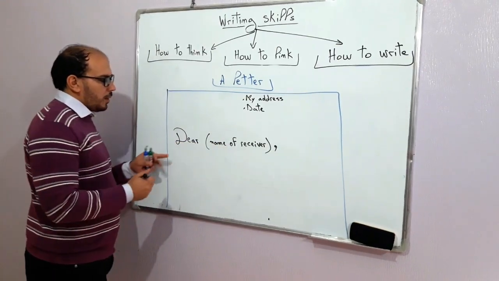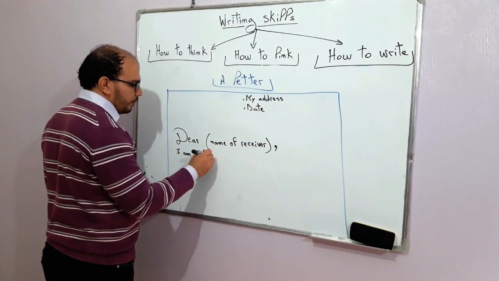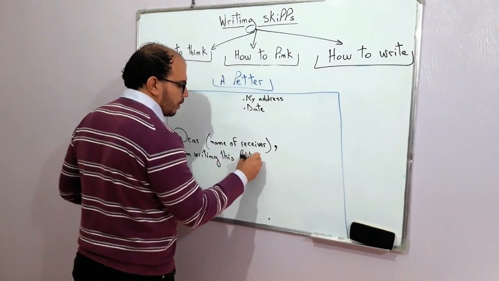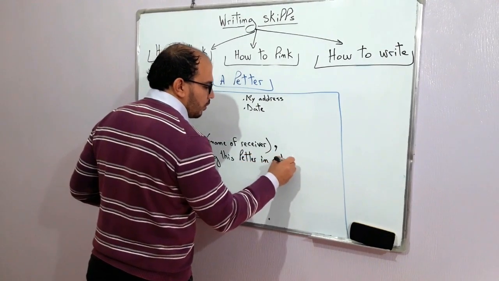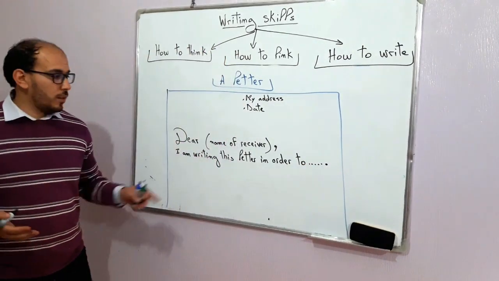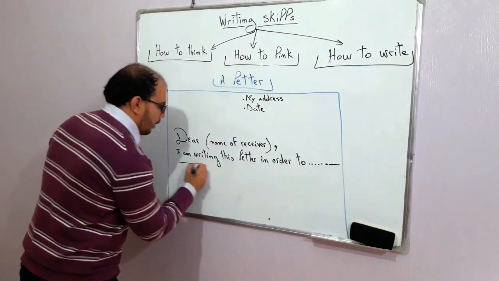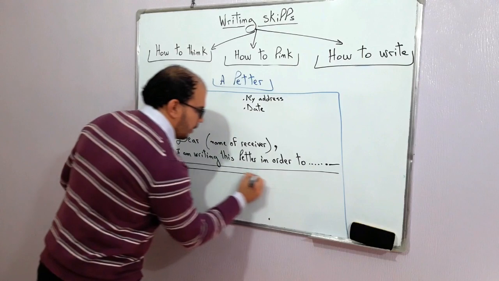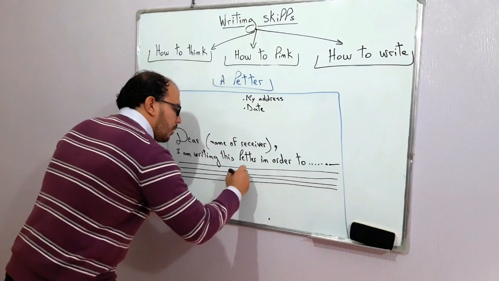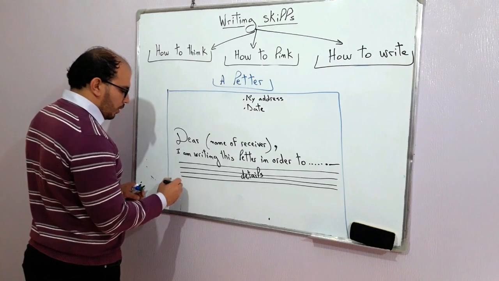After this, I have to introduce the topic. So I say I am writing this letter in order to, and I say what is the topic that I am writing for. So I write the topic, and after this I have to give details, and I have to give a conclusion.